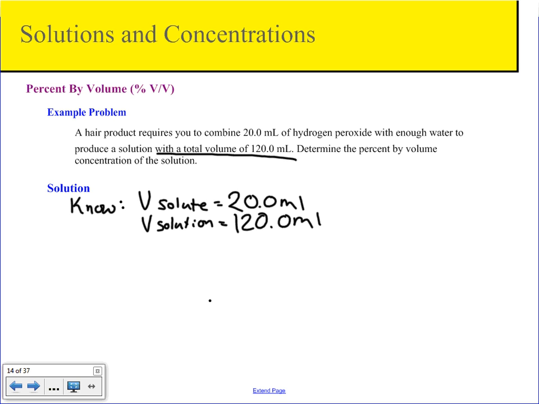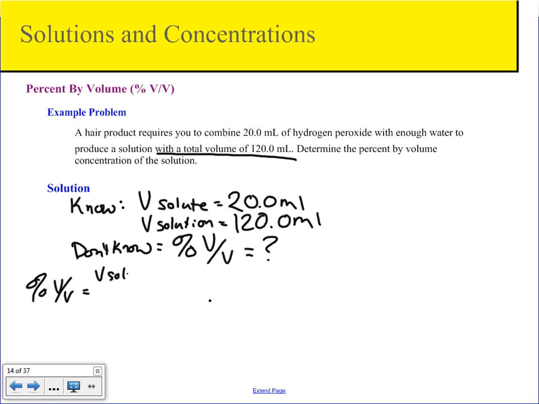All right, what I don't know, or what I am trying to find out, is my percent by volume. That is what I don't know. So I'm going to use my formula, in this case percent by volume equals volume of solute over the total volume of my solution times 100.